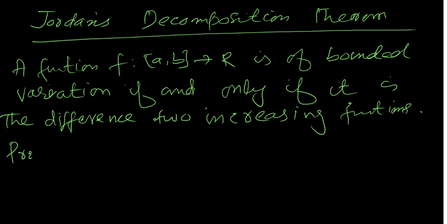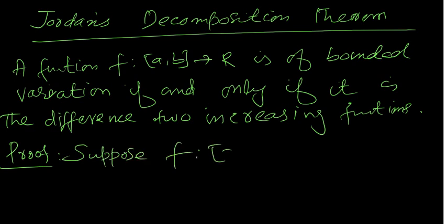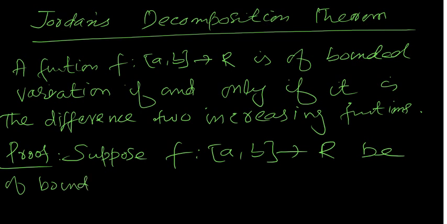Proof. Now the proof is very simple. Suppose f from a b to R is of bounded variation.